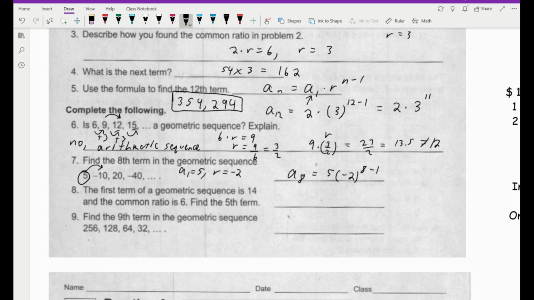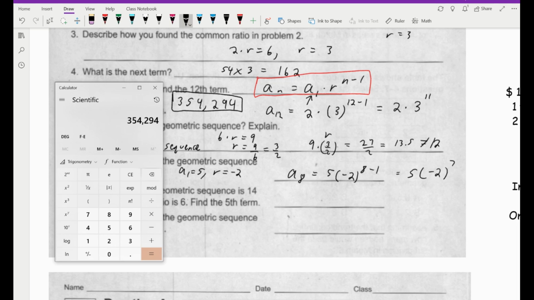Now, if you forget, you could always pause the video or rewind it and go back and look at the basic form of the equation, which we can actually still see up here. Here's the basic form that we're using every single time. Sorry, that looks horrible. That's a little better. So now we're going to get 5 times a -2 raised to the 7th.